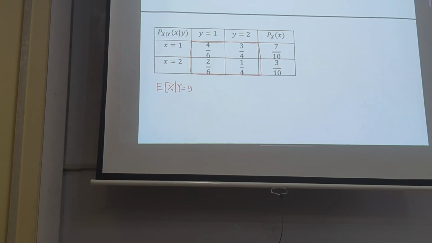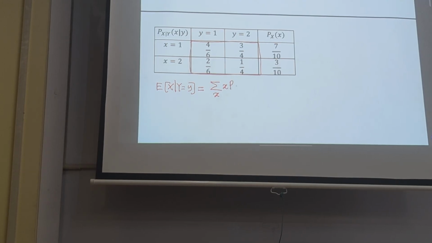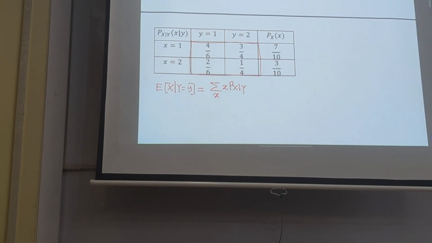What is the formula? The conditional expectation of x, conditioned on y equal to y, will be, for all values of x, what we need to do? X will be multiplied by what? The conditional PMF of x, right? So, if we want to calculate this one, x given y equal to 1, we can calculate this one.